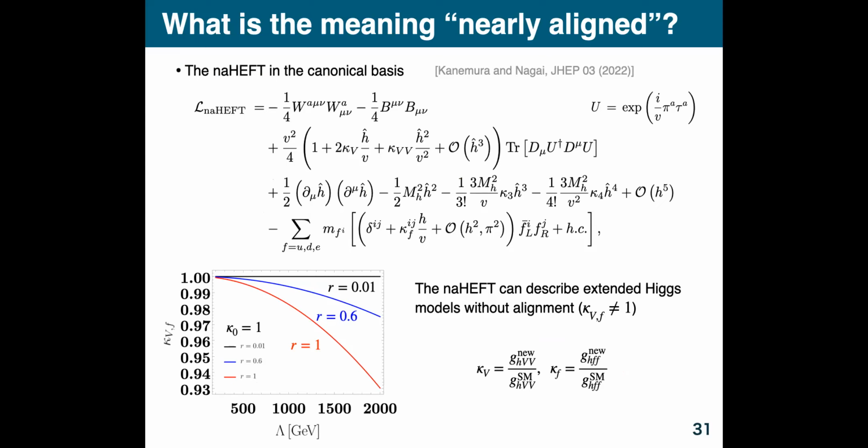The coupling between the Higgs and the boson or fermion can deviate from the standard model prediction.